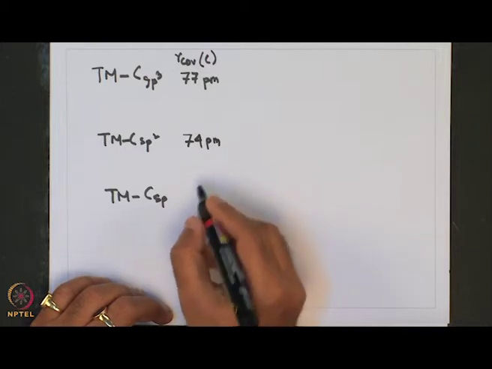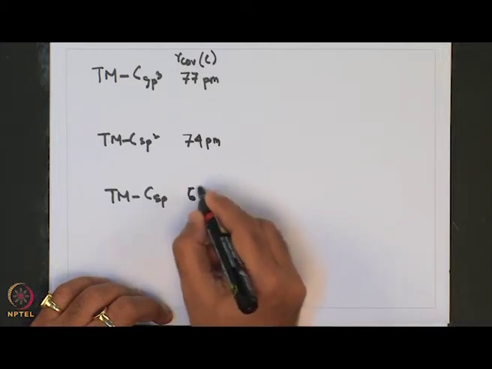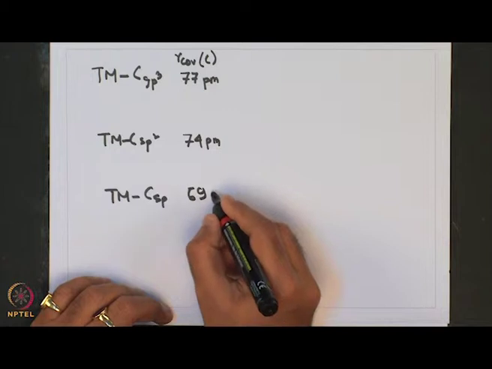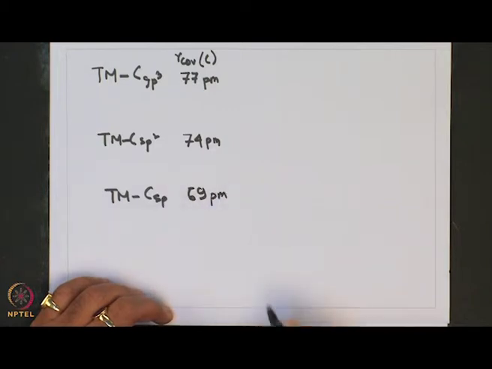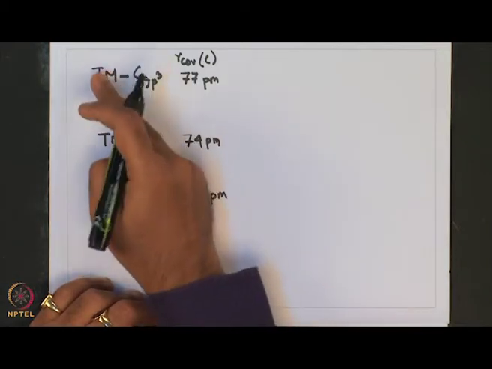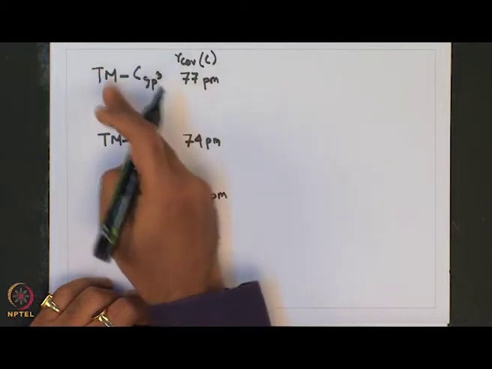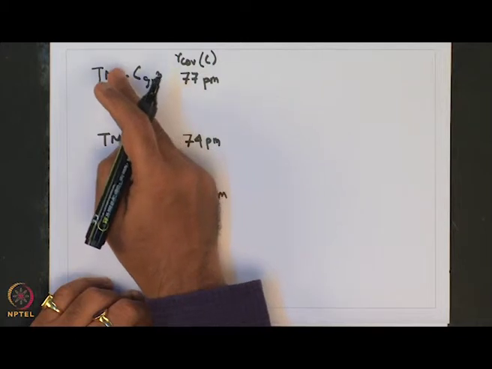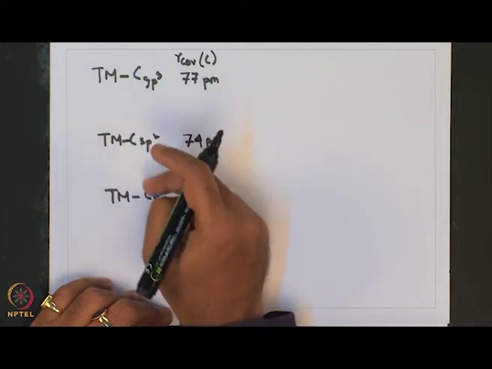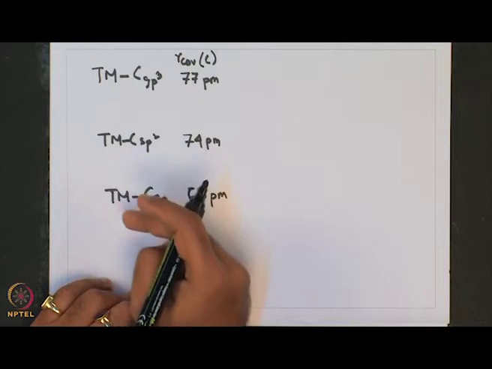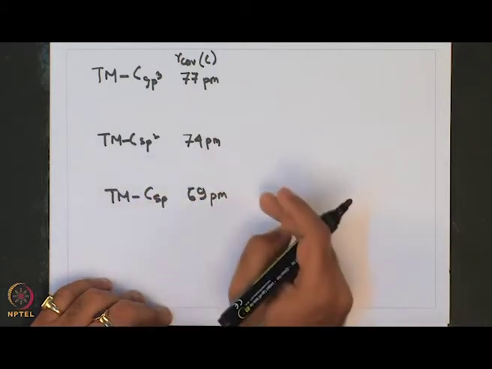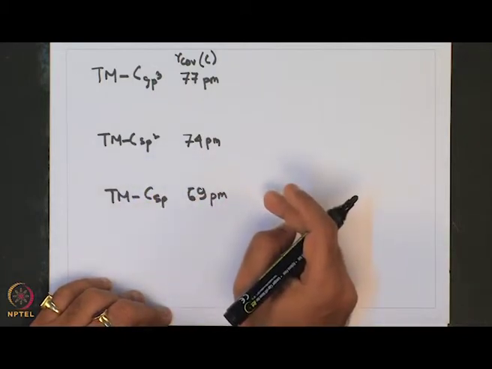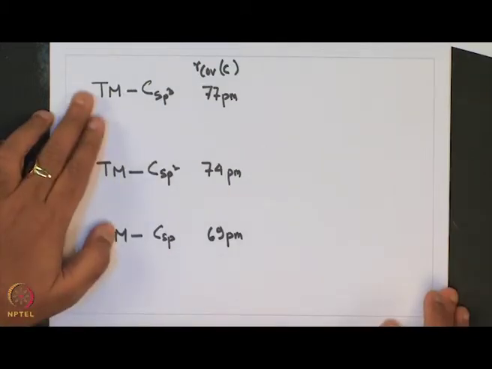For Csp it has come down to 69 picometer, where now there is more s character. So, if these three hybridized carbons bind to the same transition metal, then their bond length is supposed to shrink.